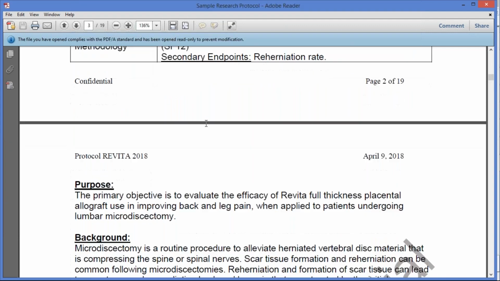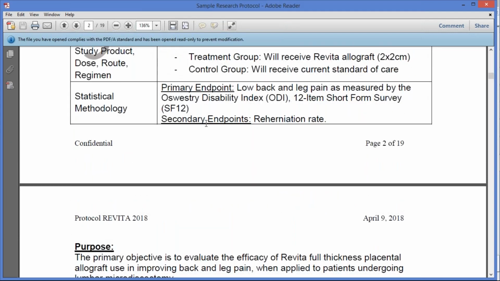Okay, so this is the synopsis. Now understand the primary endpoint. The primary objective is efficacy. How can we know the efficacy here? What kind of parameters do you require to know the efficacy of the product, the efficacy of Revita? After surgery, they have to collect pain-related scores, pain-related questions.